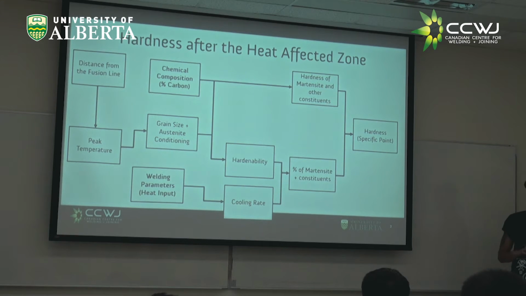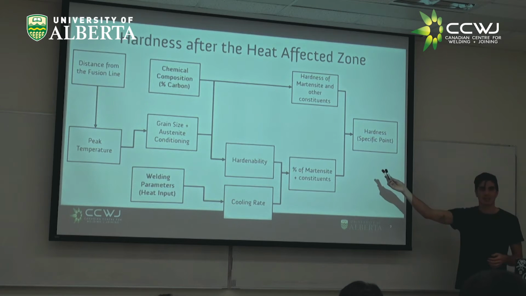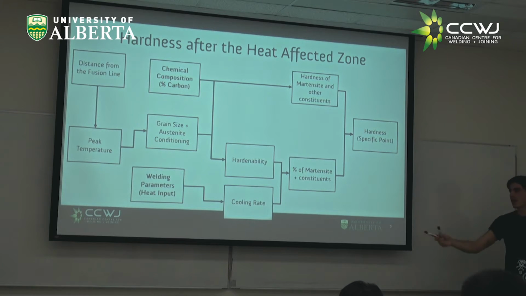And as I say, the grain size is going to depend on the peak temperature. And the peak temperature depends on where you're selecting your points. So we go back again. When I say it doesn't make sense to talk about only hardness, you need to specify a point. Well, that's the reason why. Because you can argue, yeah, we have the same cooling rate for the whole profile.